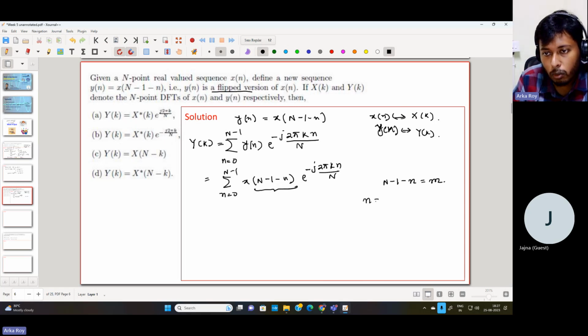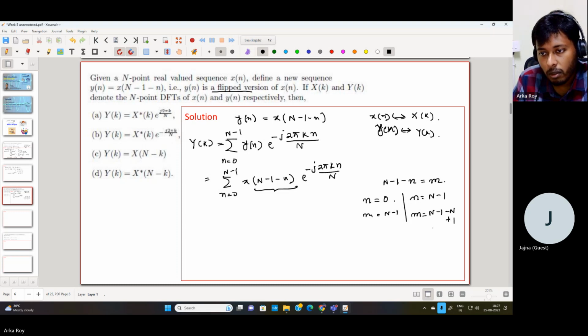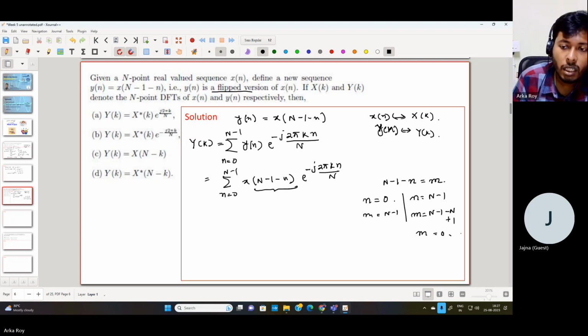So when n goes to 0, m will be N minus 1. And when n goes to N minus 1, then m will be N minus 1 minus N plus 1. So therefore, it will be m is equal to 0. Fine.